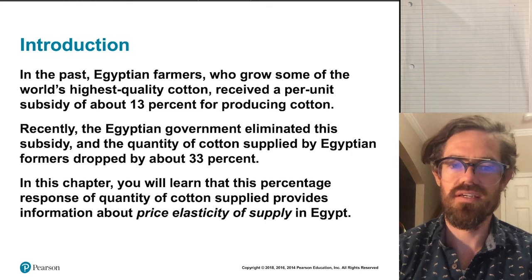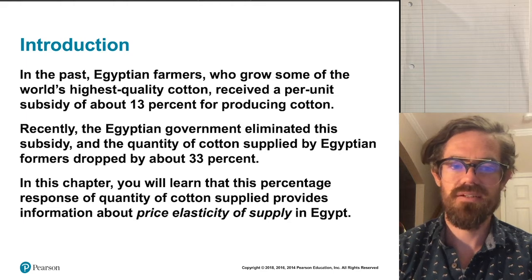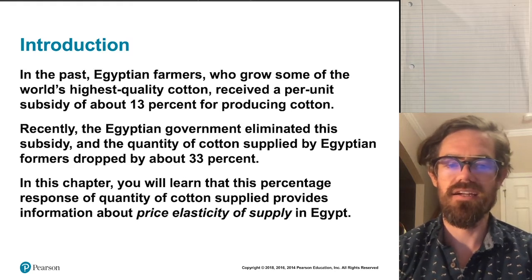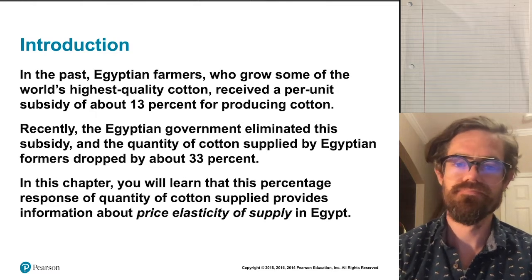So that's interesting. The subsidy that they received dropped basically by 13%, and the quantity supplied dropped by 33%. So basically what we're getting at here is what's called elasticity of supply. And that's one of the things that we're going to learn in this chapter.